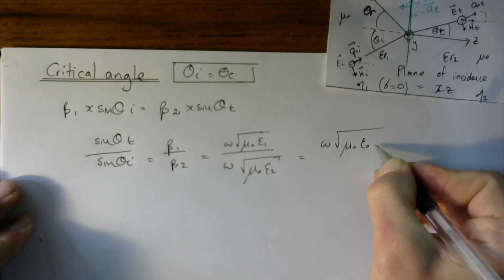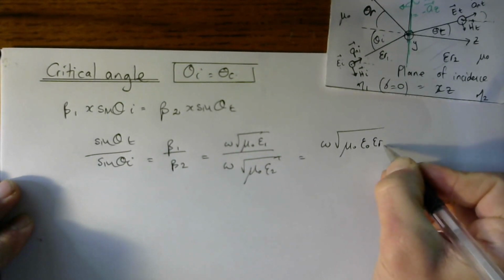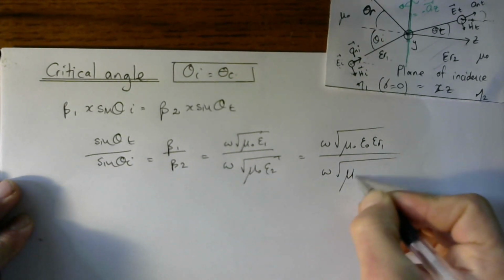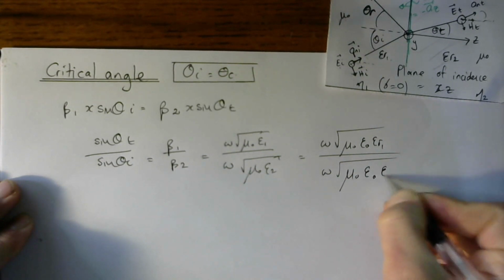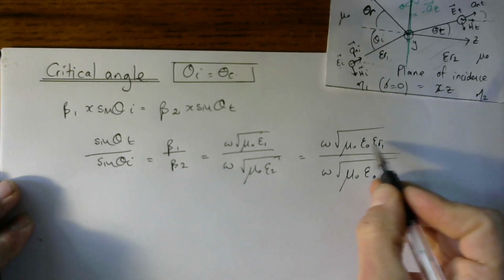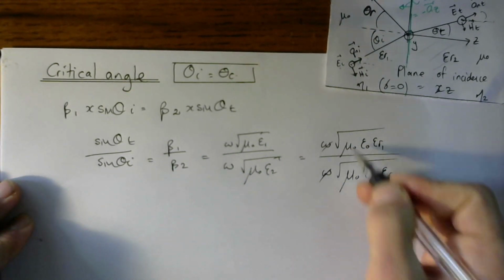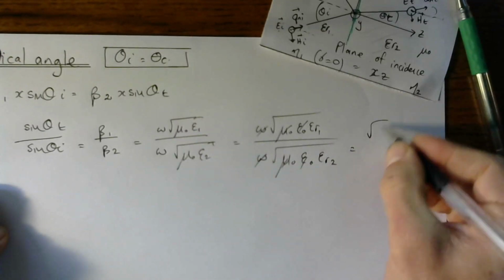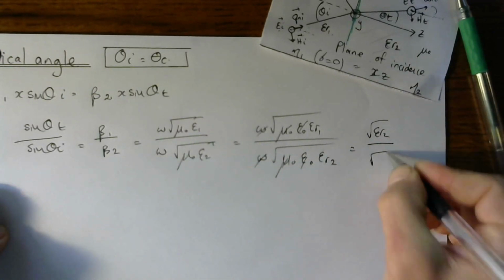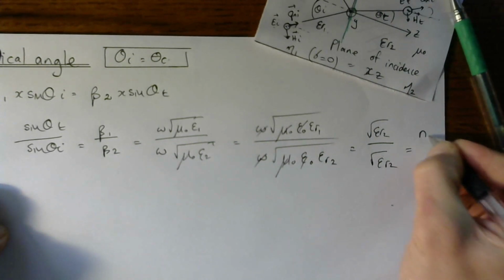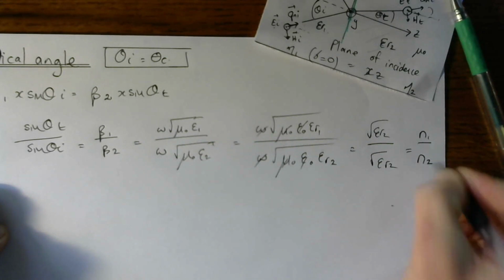Essentially I need to write this out a bit more. Beta 1 over beta 2 is omega root of mu 0 epsilon r1, over omega root of mu 0 epsilon r2. That is the full expression for the permeabilities and the permittivities. That all cancels out, lovely, and I'm left with this, which is also equal to the index of refraction.